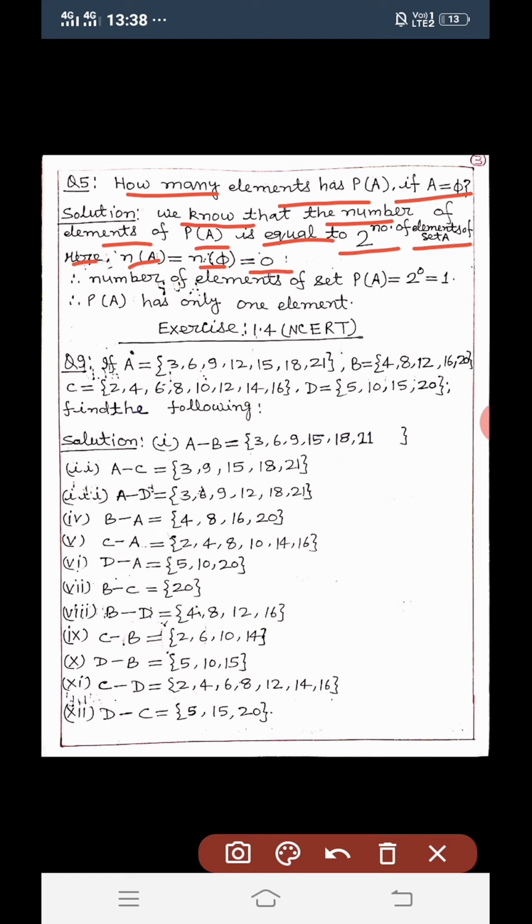So number of elements of set P(A) equal to 2 to the power 0 equal to 1. So the power set of A, that is P(A), has only one element.